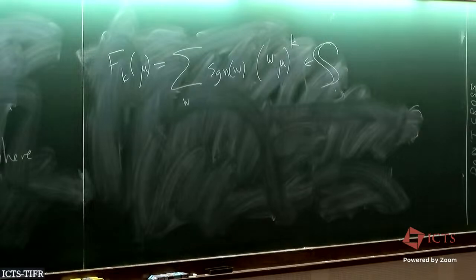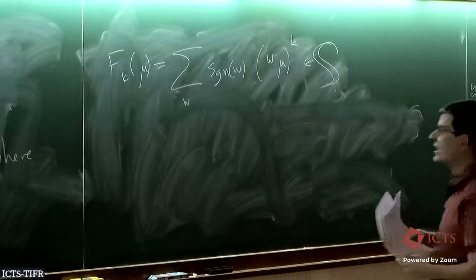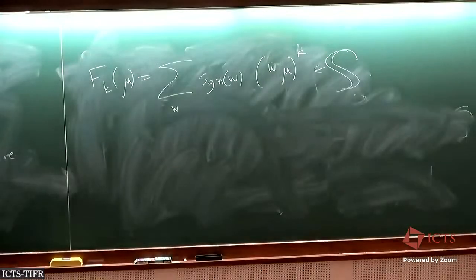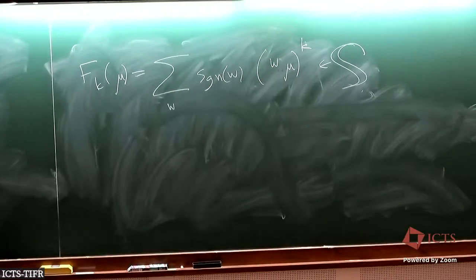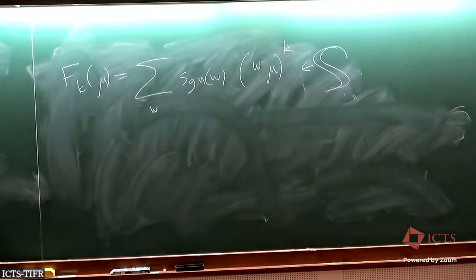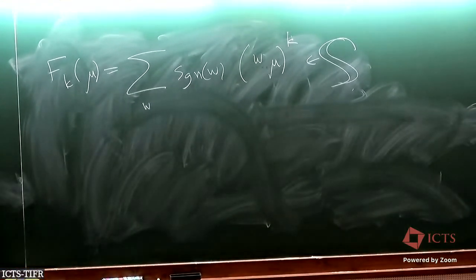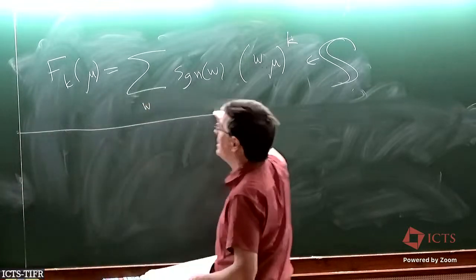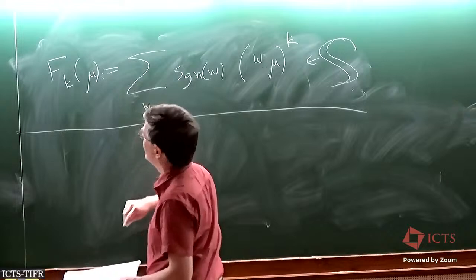Okay, so what do I get from this? This is the exponential generating function of fk of mu. Finally, this will be an important definition.